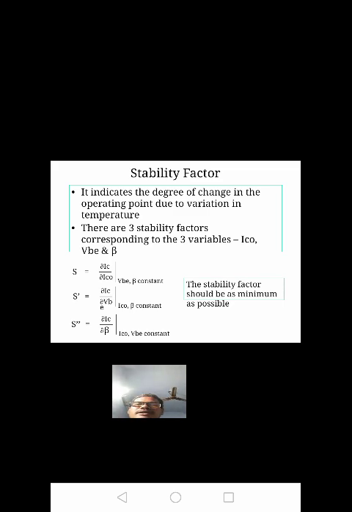The stability factor should be as minimum as possible. S dash is equal to dou IC by dou VB, with ICO and beta constant. S double dash is equal to dou IC by dou beta, with ICO and VB constant. These are the three stability factors for the transistor.